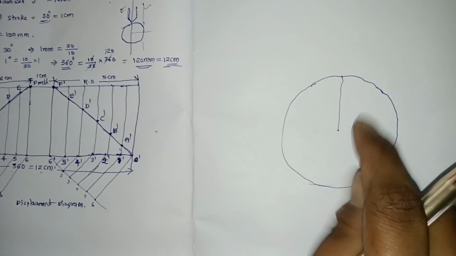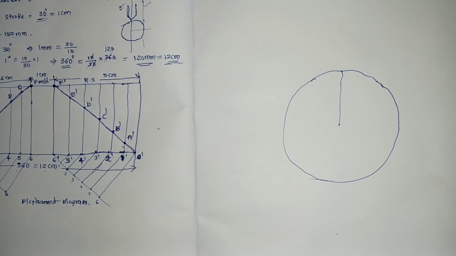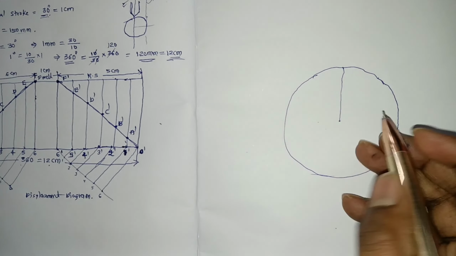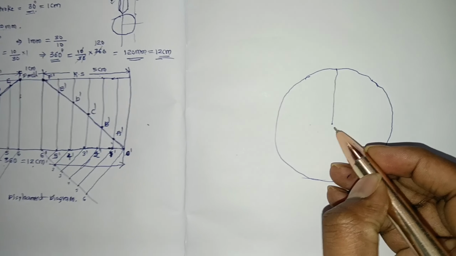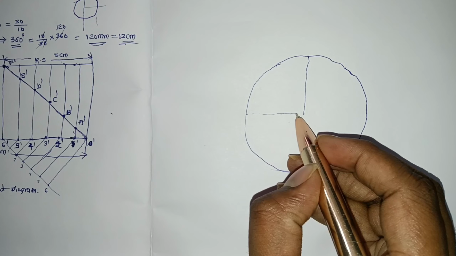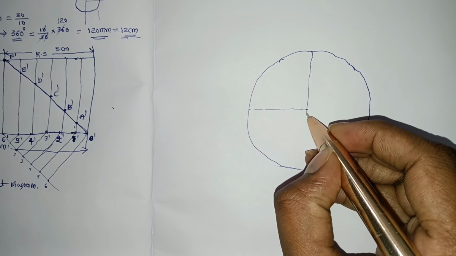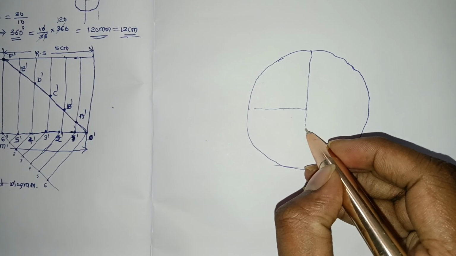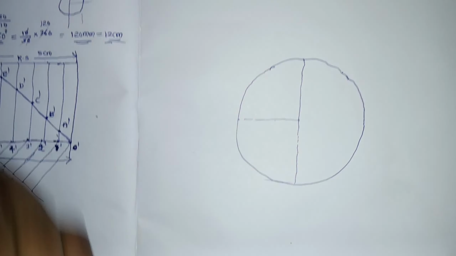You have to measure the 180 degrees from this reference line. Suppose this will be 90 and this will be 180. This is the 180 degrees.